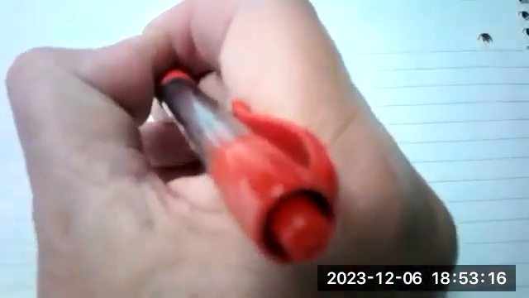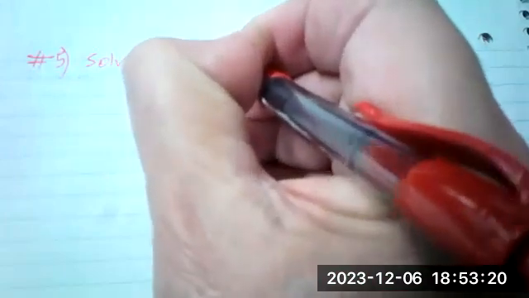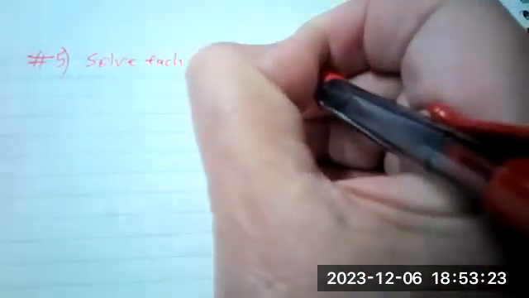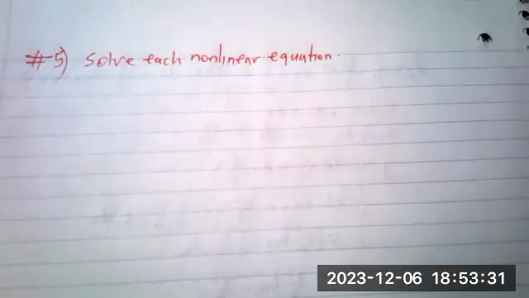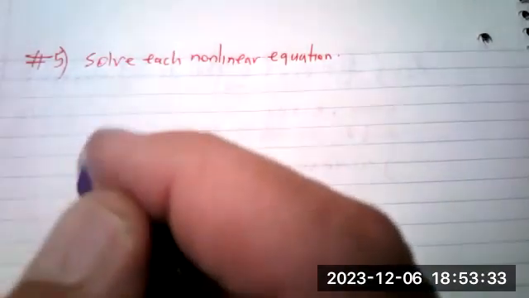Okay, solve each equation. It's a nonlinear equation. Solve each, we give you the hint. Just to remind you what's going on. Okay, going for case 1. The case 1 is this one.